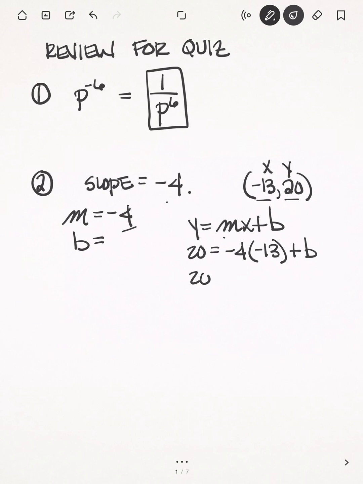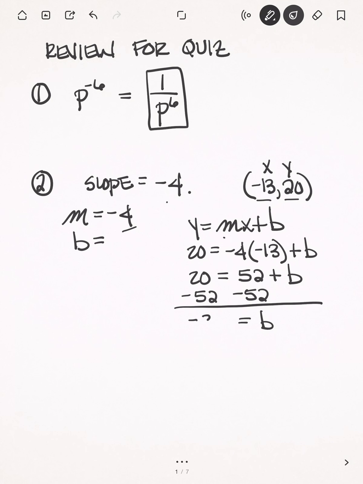So I have 20 equals negative 4 times negative 13 is 52 plus b. I want to solve for b, so I'm going to move 52 to the other side. And I get b equals 20 minus 52, which is negative 32. So I have b, which is negative 32.